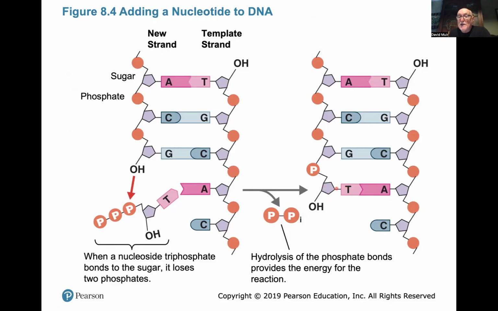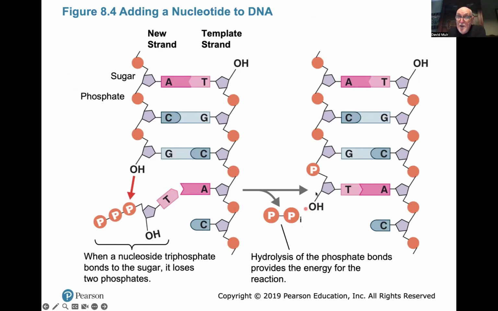Here's the sugar here. Here's the base. And here, this is the 3' site, the 3' carbon site. And it carries an OH. So this is the 3' end. This will be the 5' end up here. For this strand here, this is the 3' end. We can see it's the 3' end because it's got that OH group, and so on.